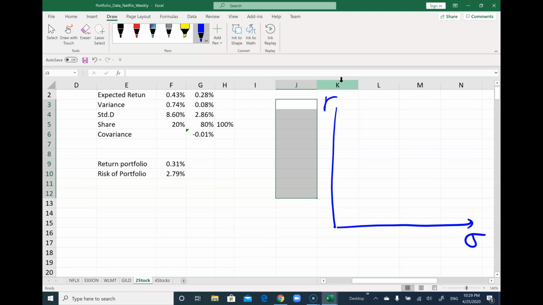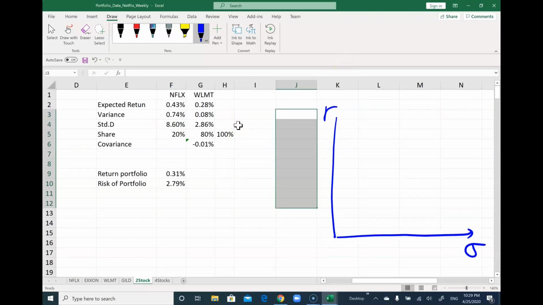In our case, we have Netflix and Walmart. In the case of Netflix, the weekly expected return was 0.43%. So Netflix has a slightly higher return than Walmart, which had a weekly return of 0.28.